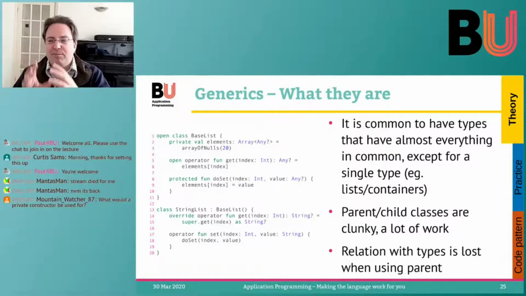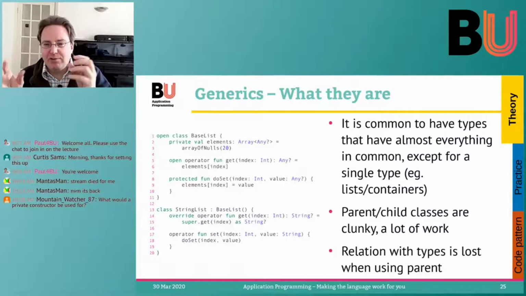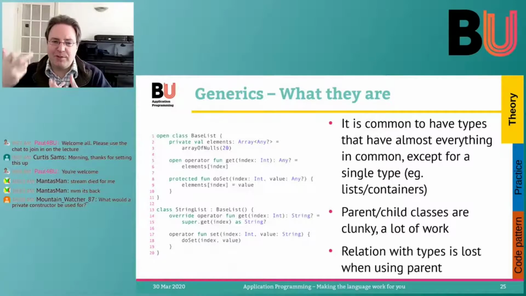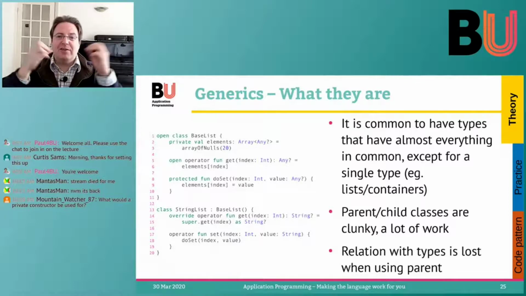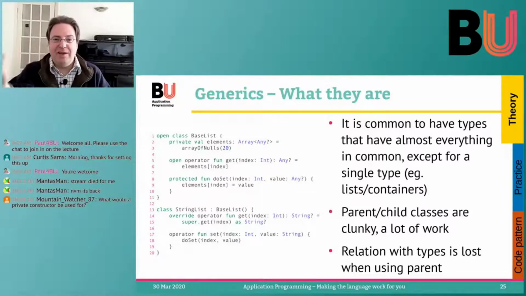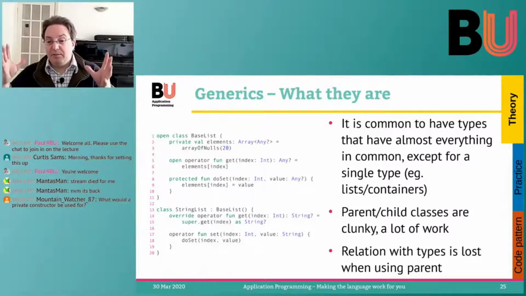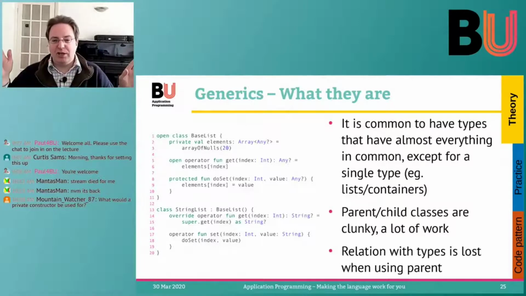Basically you want to give parameters to a type, so this is not a type that is single but has parameters. A common use case for this is containers and lists, but there are many other cases. If you have arrays with a particular length, you might want to have the length be part of the type. You cannot do that in Java or in Kotlin, but there are languages where you can do that.